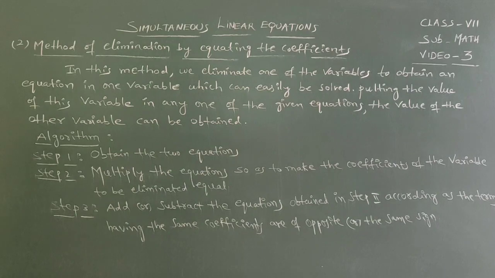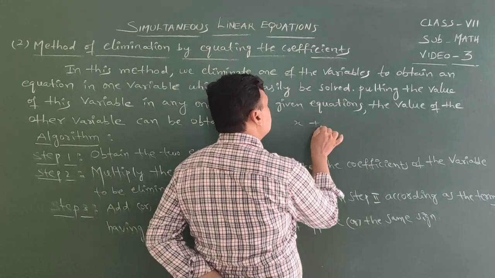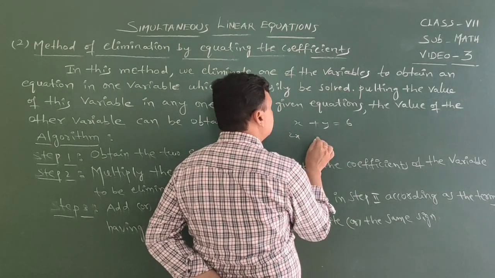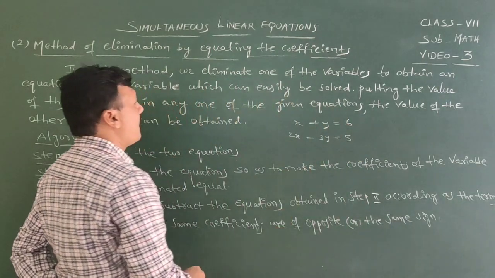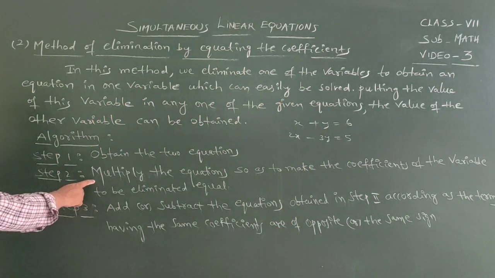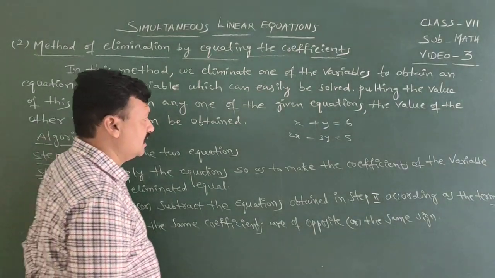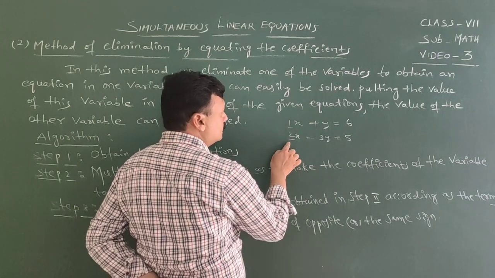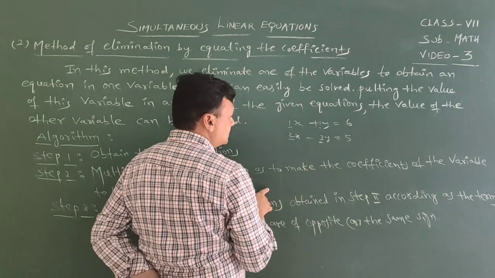I'll take an example here. Here x plus y equal to 6, and here 2x minus 3y equal to 5. Multiply the equations so as to make the coefficient of the variable to be eliminated equal. Here the x coefficient is 1, here the x coefficient is 2; here the y coefficient is 1, here y is minus 3.